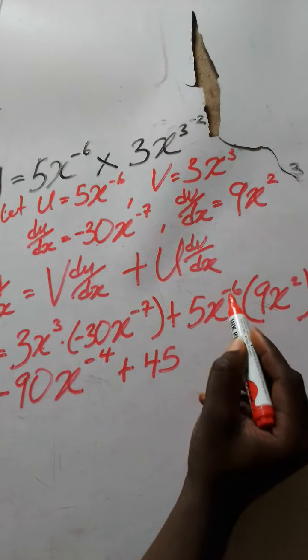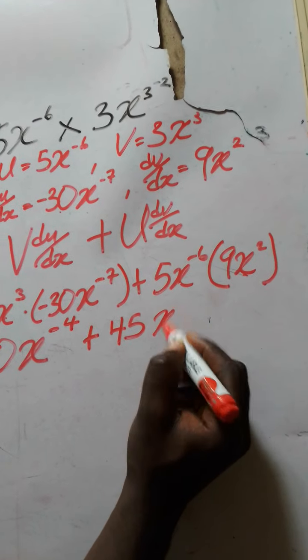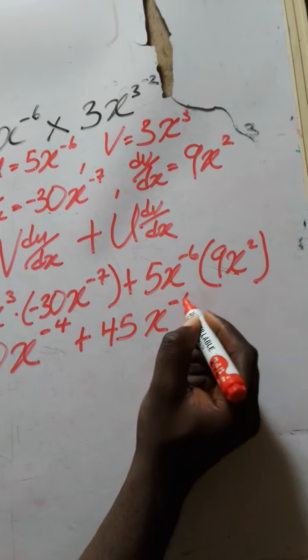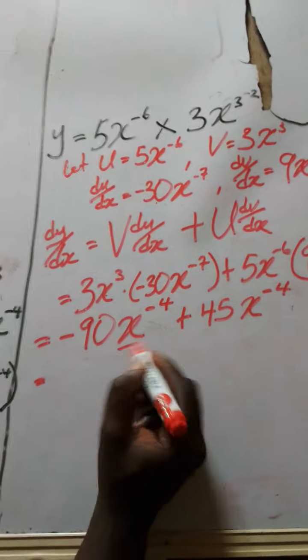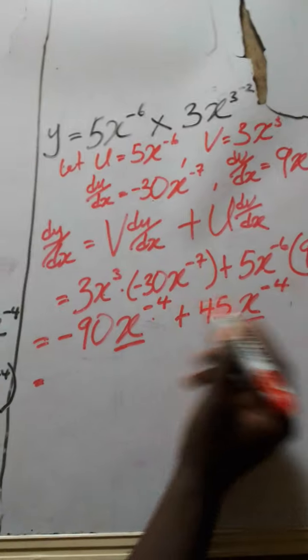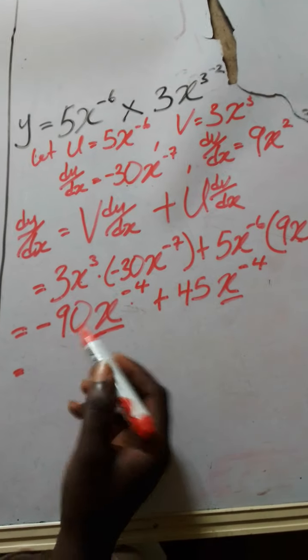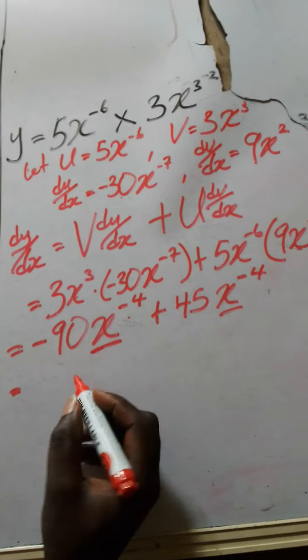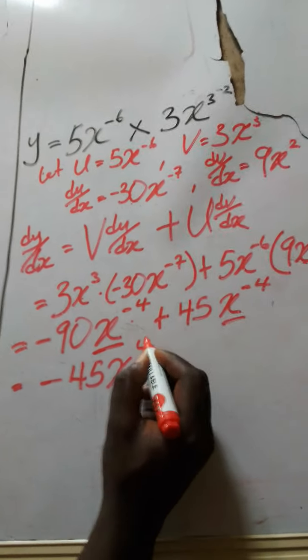Then we have x raised to the power minus 6 multiplied by x raised to the power 2. And that will give us x raised to the power minus 4. Since the variable is having the same power, that's minus 4 and minus 4, we can add this together. So minus 90 plus 45 will give us minus 45 x raised to the power minus 4.